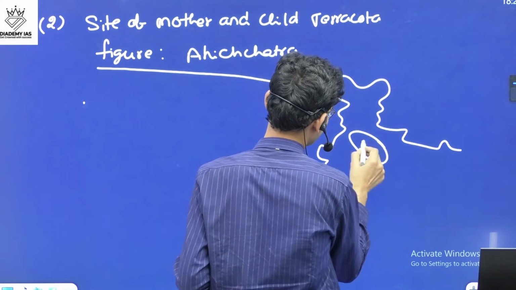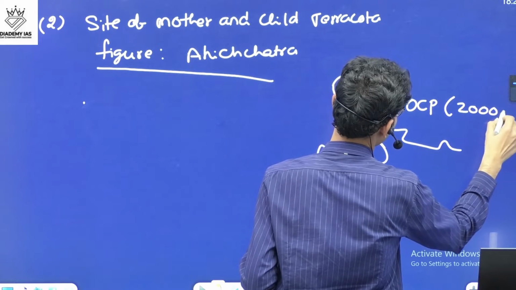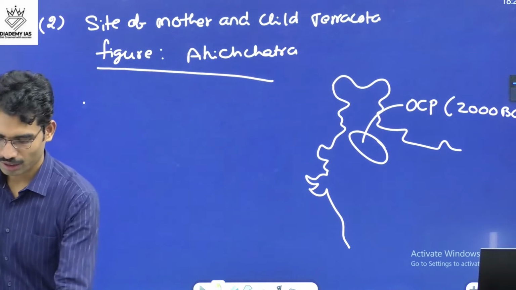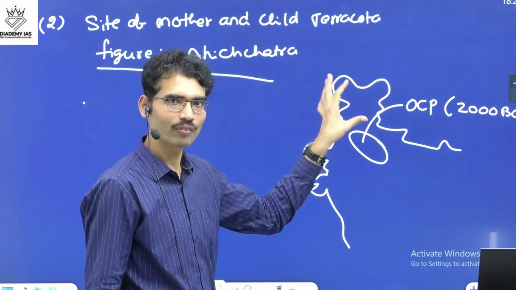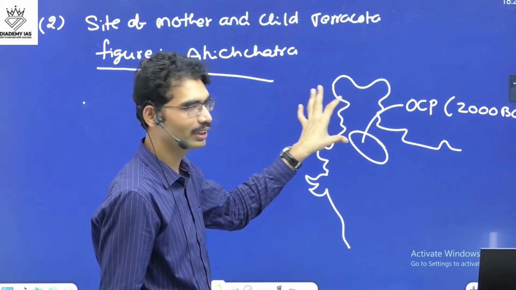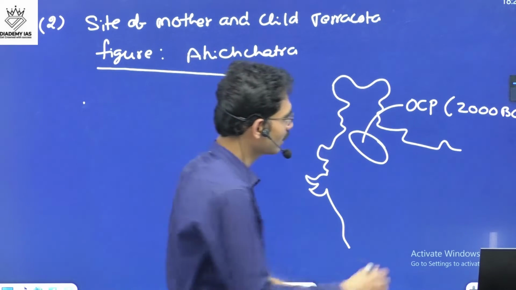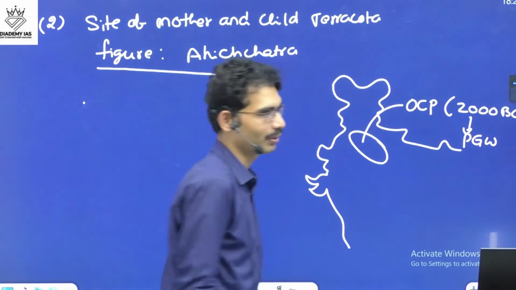In this location, ochre colored pottery after 2000 BC. You remember? After 2000 BC, in this location, this is much before Vedic people came. Early Vedic people come around 1500 BC. And these OCP later give way to painted grey ware settlements.